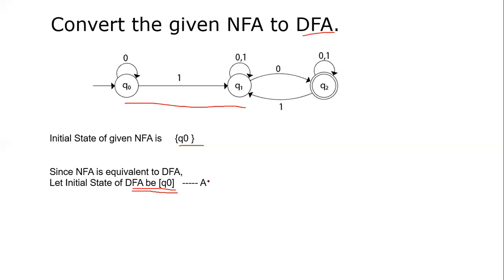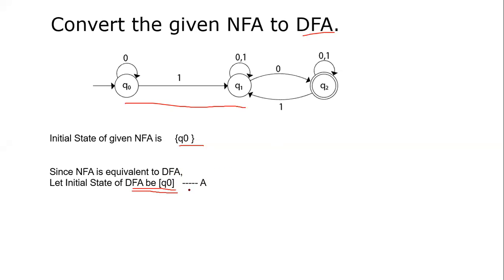You can mention anything. It may be some letter only, for marking the states of DFA. Now one state is assigned for DFA, that is Q0. DFA means you have to mention it with a square bracket. I have to give a name for that, that is A. So my DFA has only one state, that is Q0, named as A. I can give A or Q0, no issues.